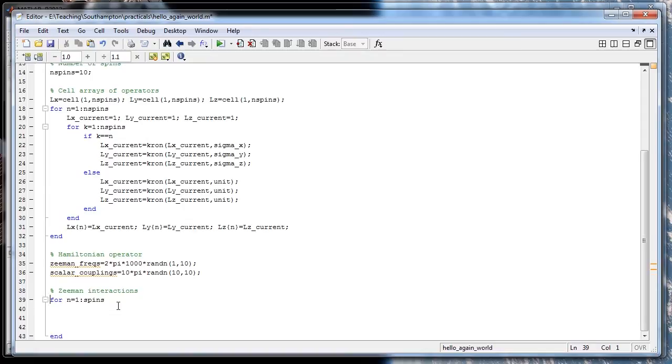What we would normally do is initialize our Hamiltonian to 0 somewhere here, with a sparse allocation, so that MATLAB doesn't have to reallocate the memory every time we add to it. 2 to the n spins times 2 to the n spins, and then the expected number of non-zeros.